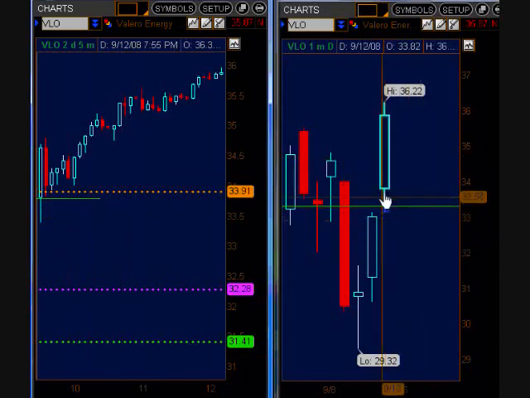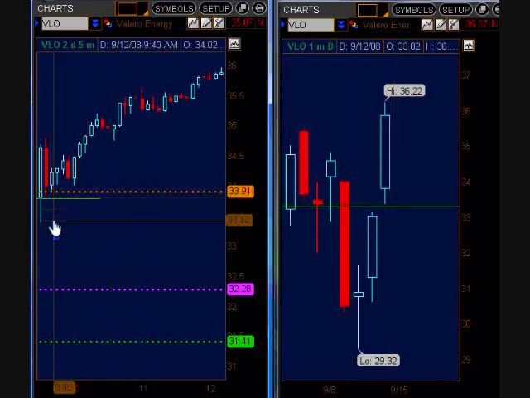Then the only thing that I tell my daughter to do is when a stock comes back up and crosses the open, you're going to buy the stock. You're going to buy 1 share of that stock. Just 1 share. And you're going to put a $1 stop or a 50-cent stop, depending on how far this tail is. So I told my daughter to put in a 50-cent stop.